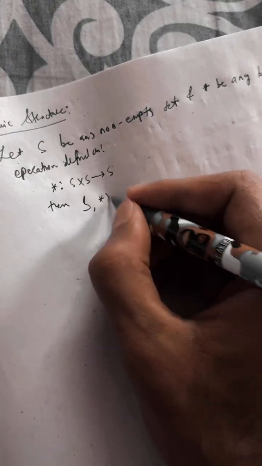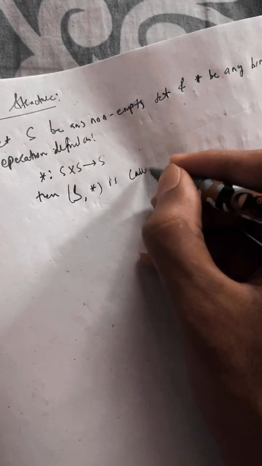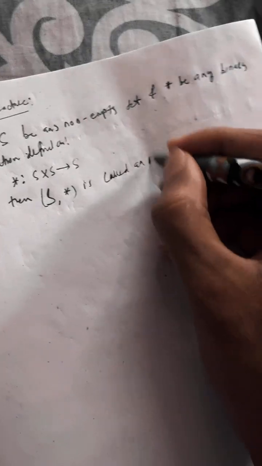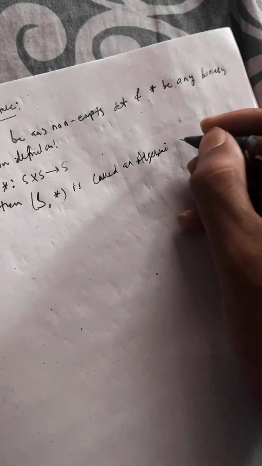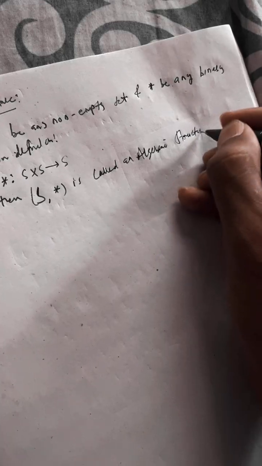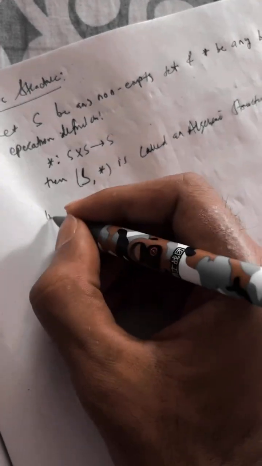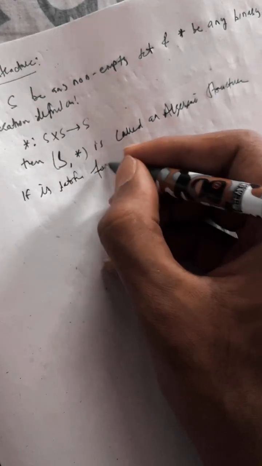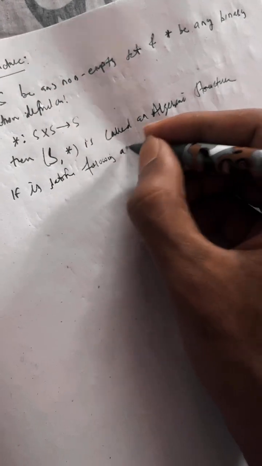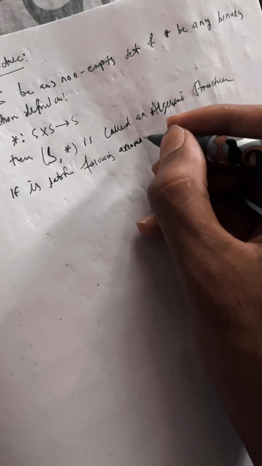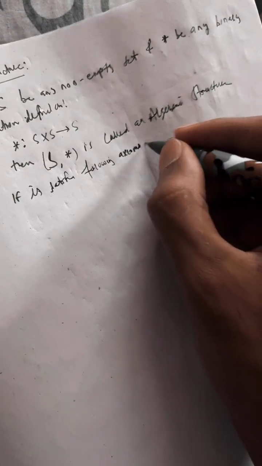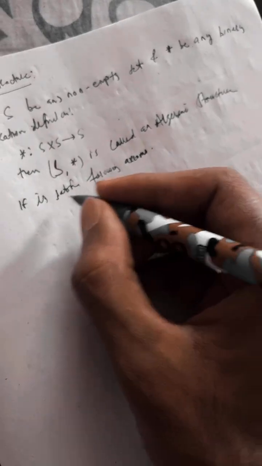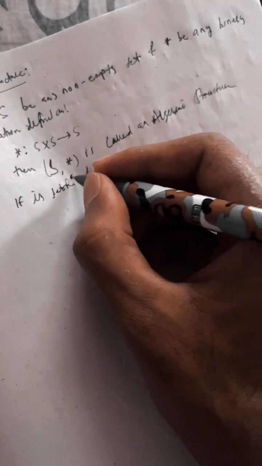Then S embedded with this operation star is called an algebraic structure if it satisfies any of the following axioms. What are the axioms?